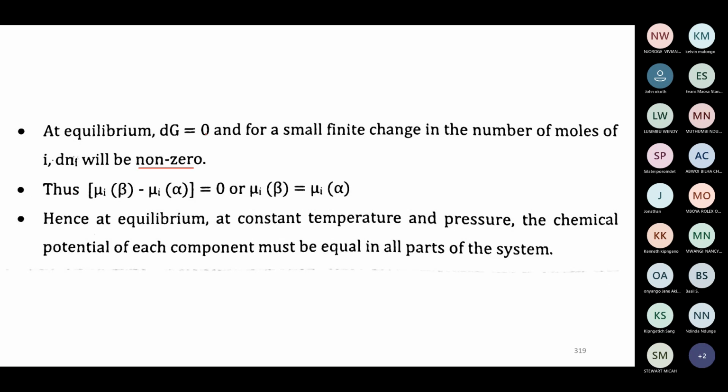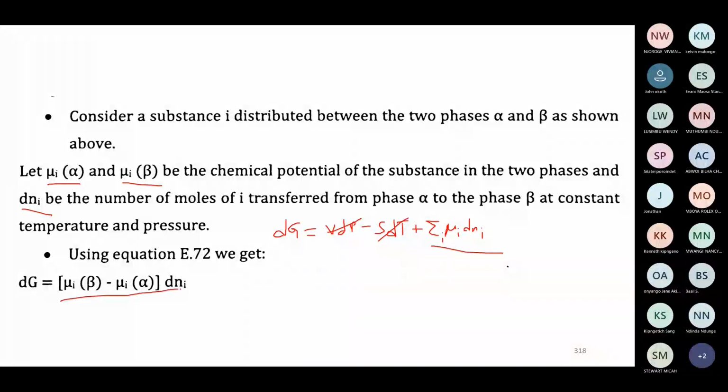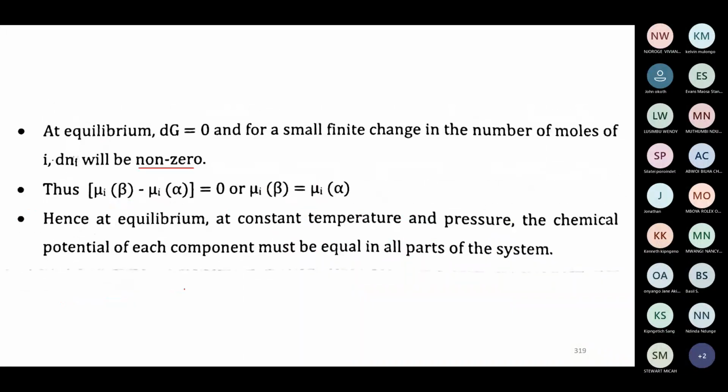So therefore, if dG equals 0, we equate the right-hand side of that expression to 0. It becomes mu_i beta minus mu_i alpha equals 0. Essentially, this is the same as equating mu_i beta equals mu_i alpha.